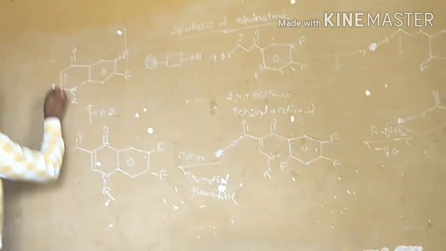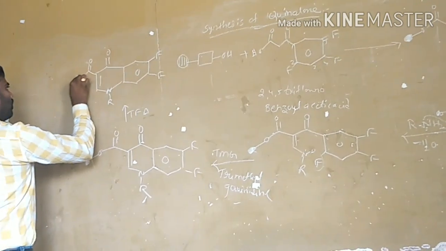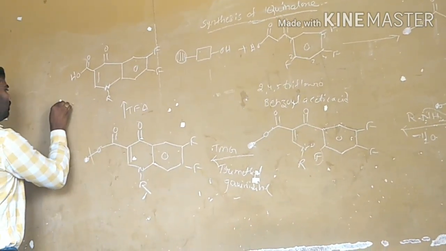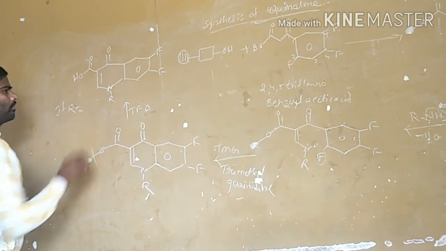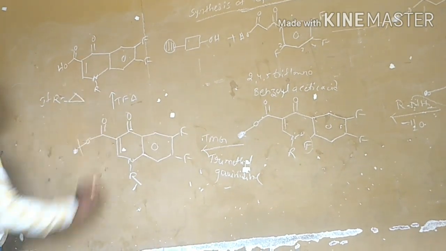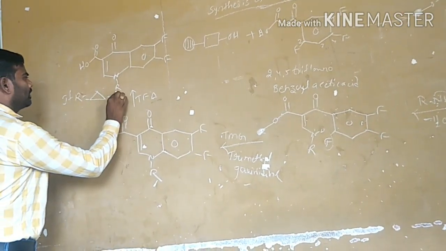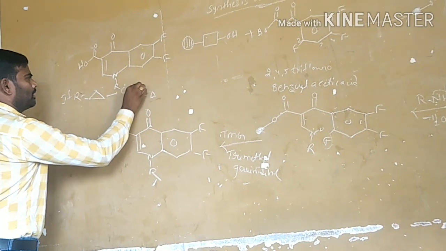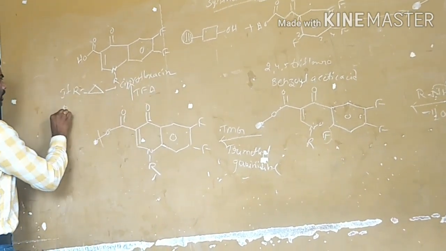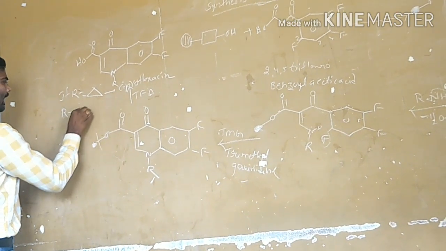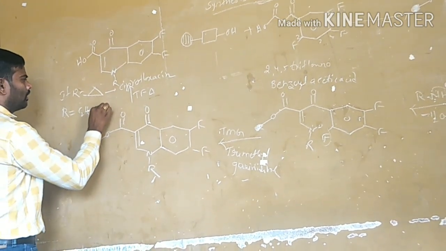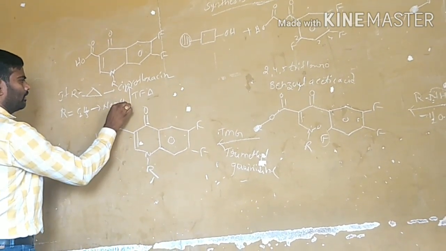N or here COOH. If in this molecule the R group is a cyclopropyl group, the compound is ciprofloxacin. If the R group is an ethyl substitution, that is the norfloxacin drug.